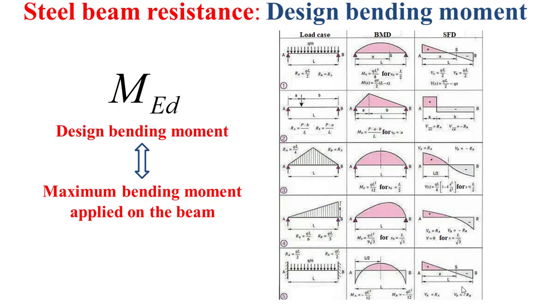For example, here in the first load case, we have a beam with a length L supported by two hinges in its extremities A and B and subjected to a linear distributed load Q. The maximum bending moment will be equal to Q multiplied by L square divided by 8. The other load cases are expressed by this table and also other tables for other more complicated load cases.